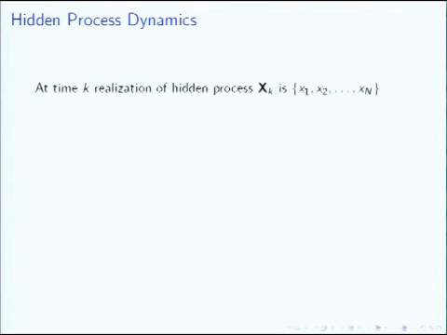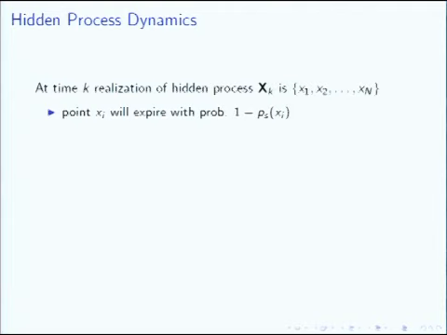Okay, let's specify now the dynamics. The hidden process, how does it evolve? Well, let the realization of the process at time k be this. I just assume that there are n points in the realization at time k, and this is the realization of the individual points. Consider x_i, the ith point in here.